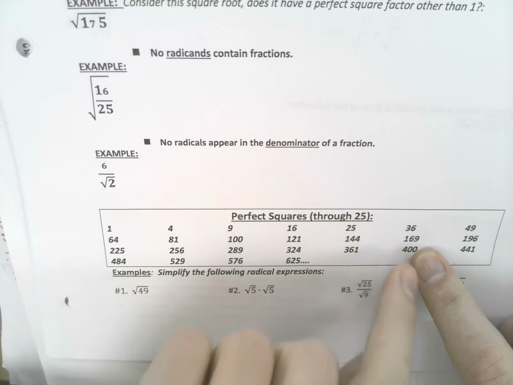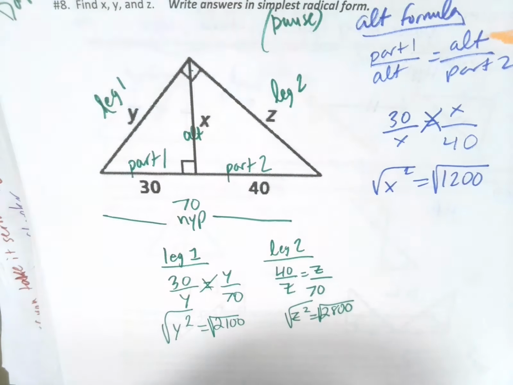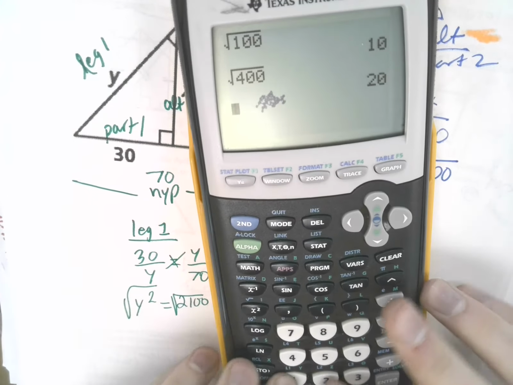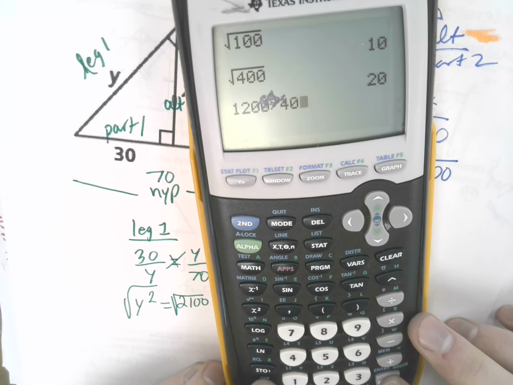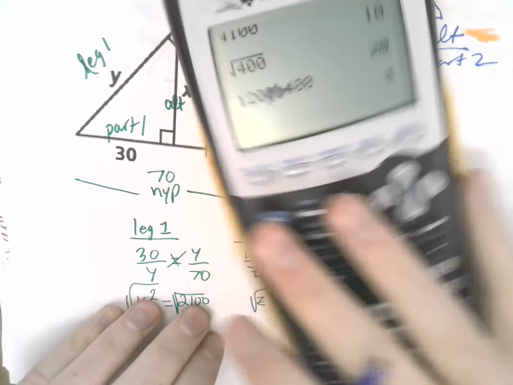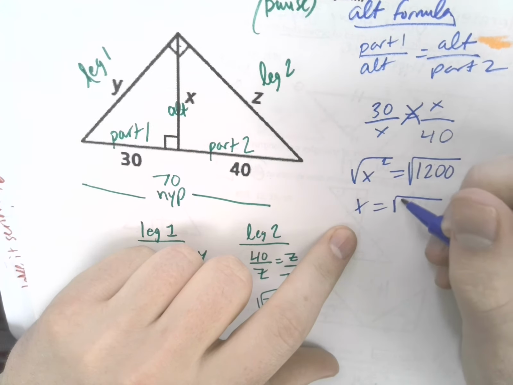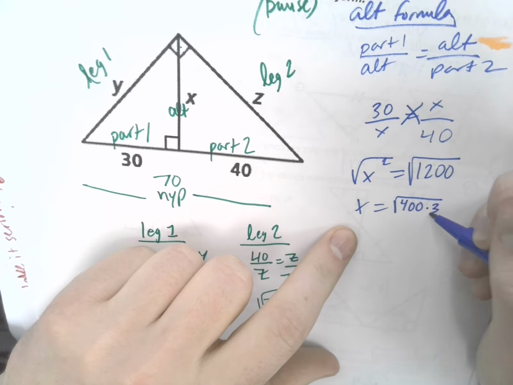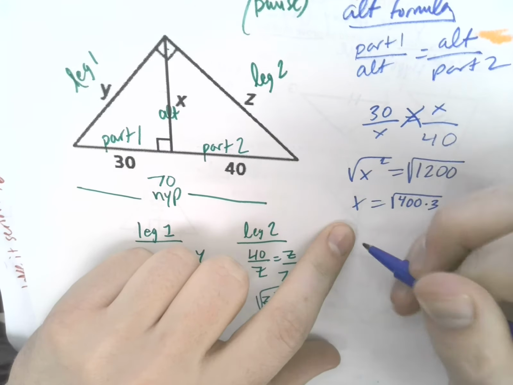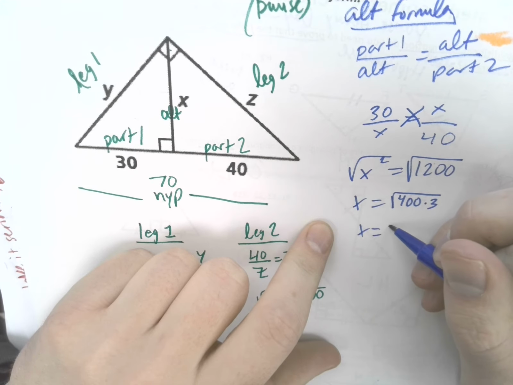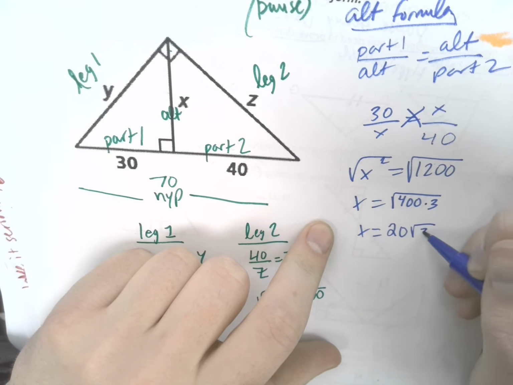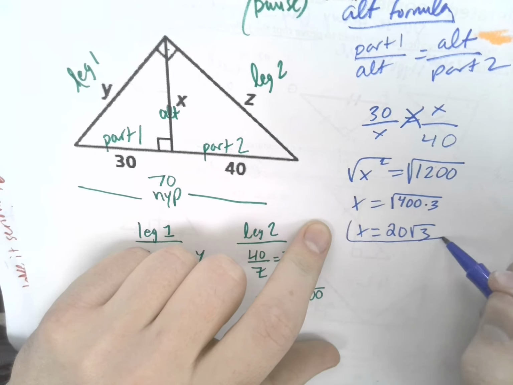What about 400? Let's try it. 1200 divided by 400 goes in 3 times. So we could say square root of 400 times 3. Take the square root of 400, and that is 20 square root of 3.